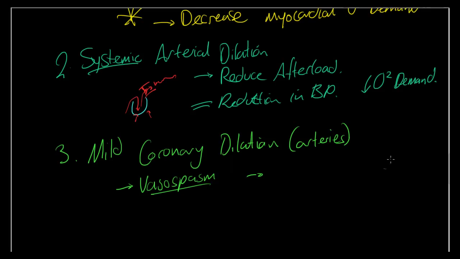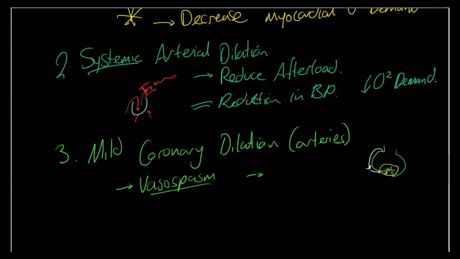So we talk about collateral arteries. We have a left artery going down here, and our right coronary artery going down here. They might have a little bit of a network that joins them together. If we can dilate this section here, we might be able to get, say our right coronary artery is still good, we're still getting blood flow through here.